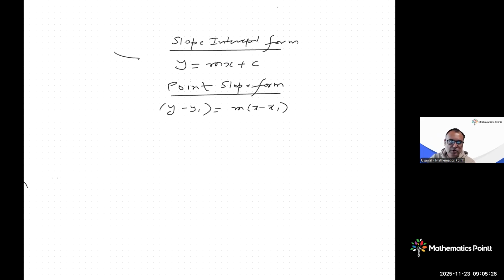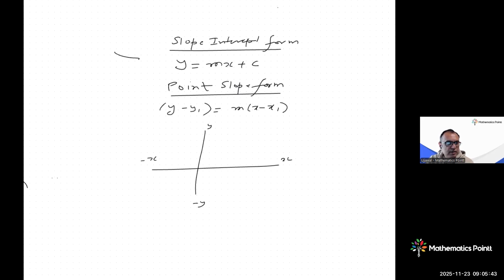Whenever you draw a straight line, let's say this is the Cartesian plane, with x, y, negative x, and negative y.